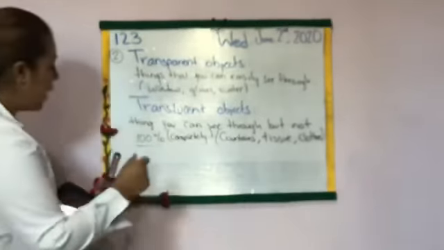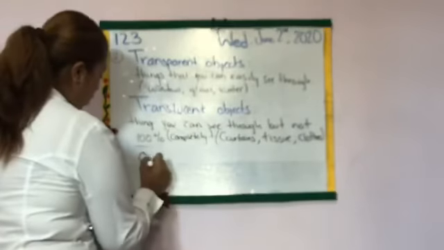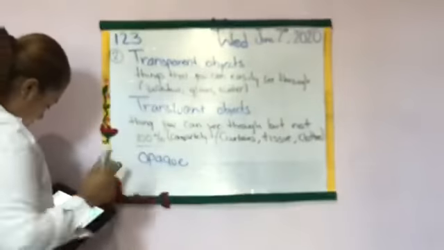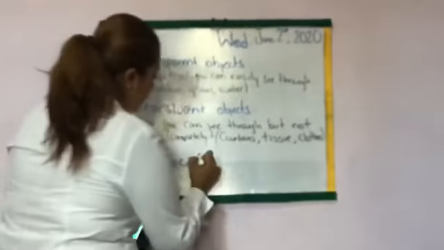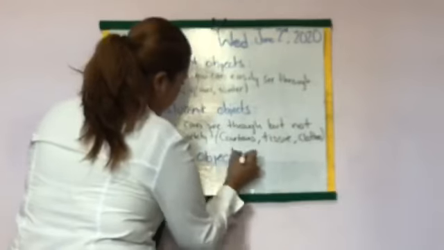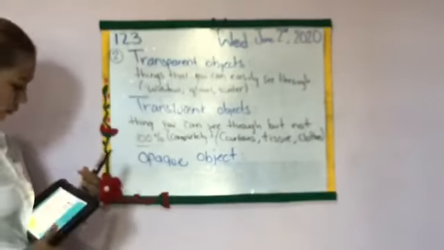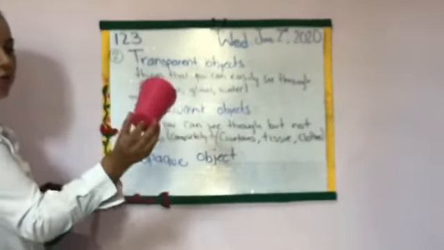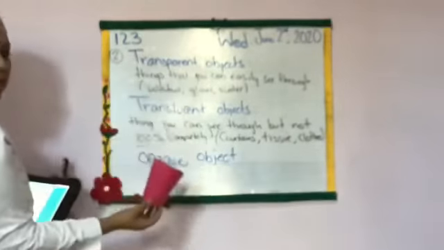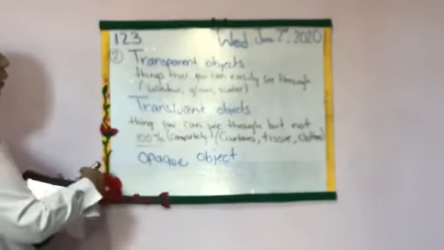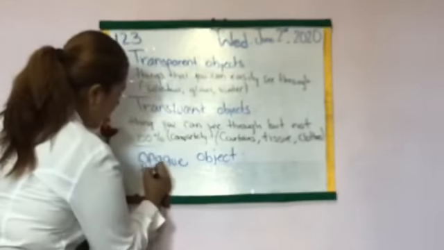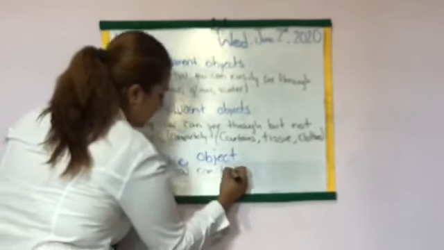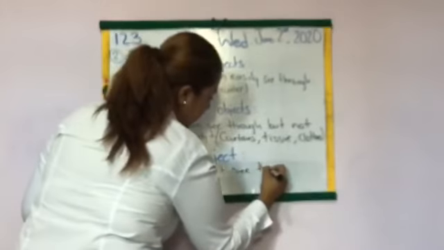Then we have an opaque object. What is an opaque object? Can you give me details about it? I gave you this one. How can you describe it? Can you see through this? Is this transparent? No. So opaque objects are things you can't see through.